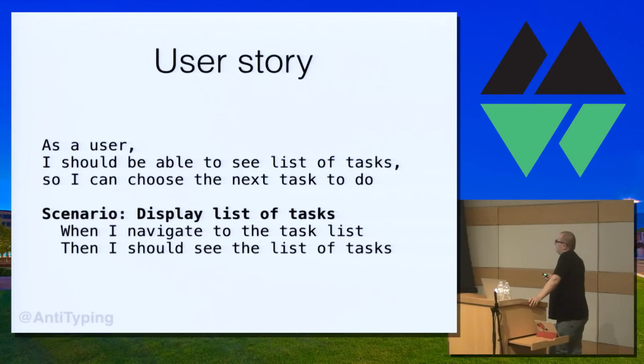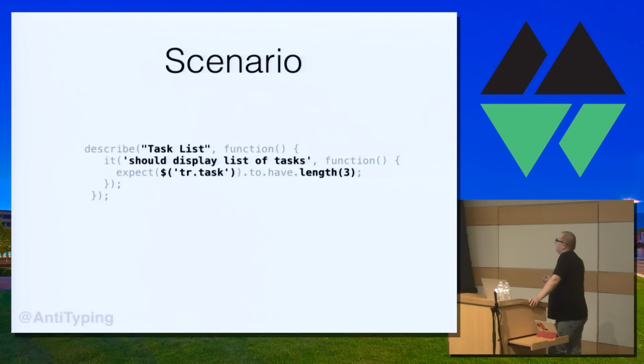So our role is to convert this English description into executable code using a Mocha suite. Here we define that the feature task list should display a list of tasks, and we assert that by looking at the number of tasks in the table, and it should have 3 tasks.